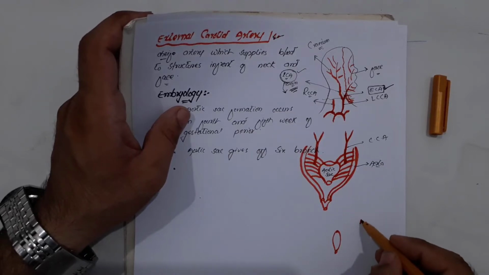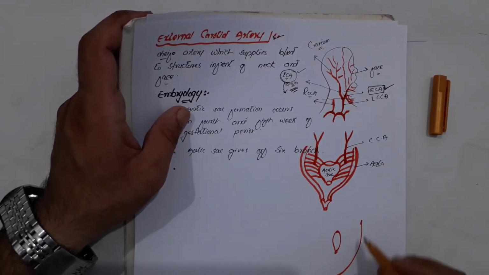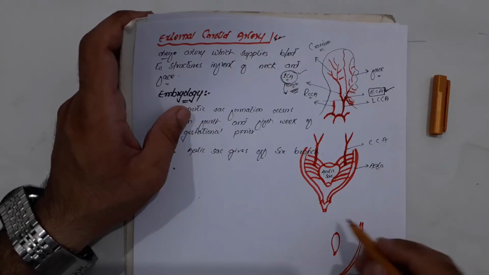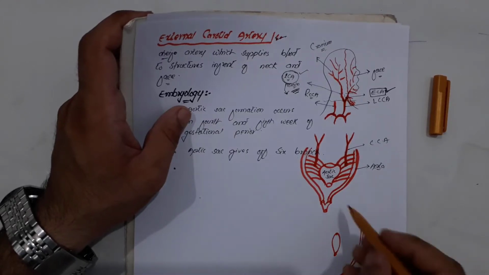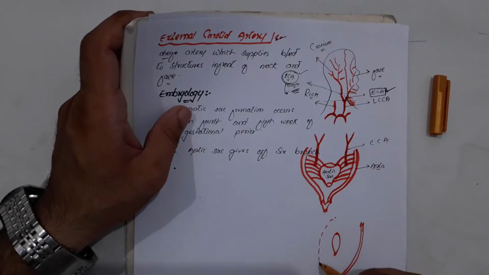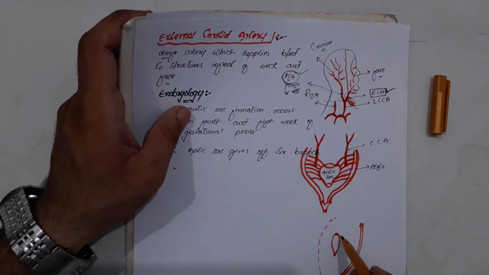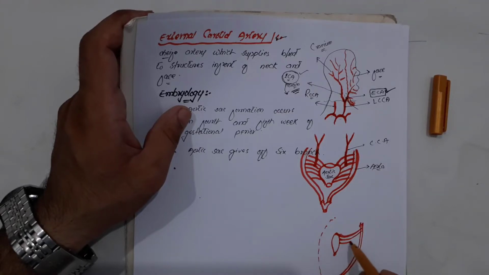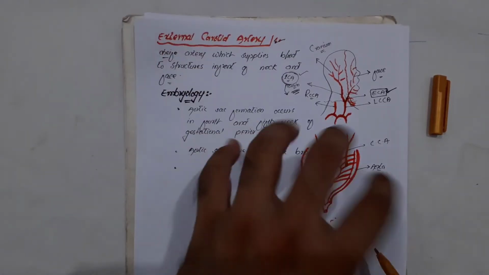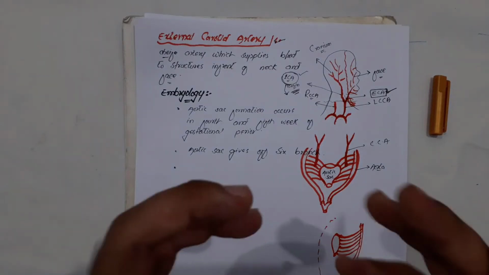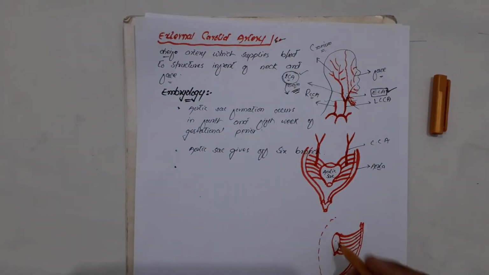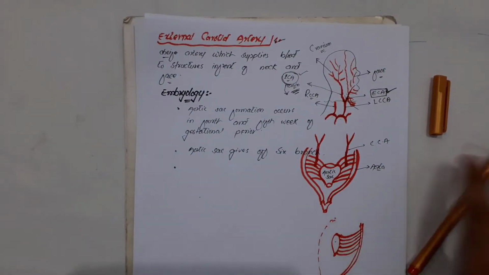Here are the two aortae, and the other will be on that side. So from the aortic sac, 6 branches arise and they move posteriorly and connect to the aortae. So these are those 6 branches. This is the anterior view and this is the anteroposterior view. This is the aortic sac.